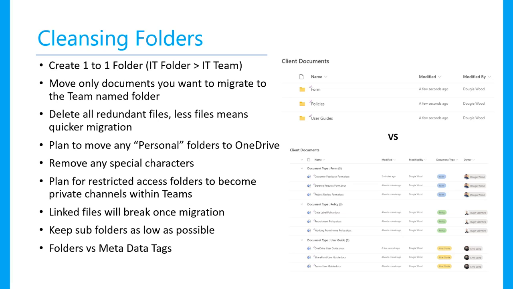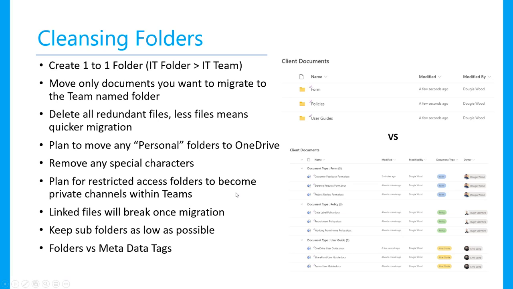You want to plan, so certain teams, say for example finance, might have restricted folders. You might have a finance team and a folder inside of there called restricted finance or payroll or something like that, which maybe only 2 of the 10 finance team members have access to. In those scenarios, you want to be planning those restricted folders to not be folders when they come across into your new SharePoint and Teams intranet.